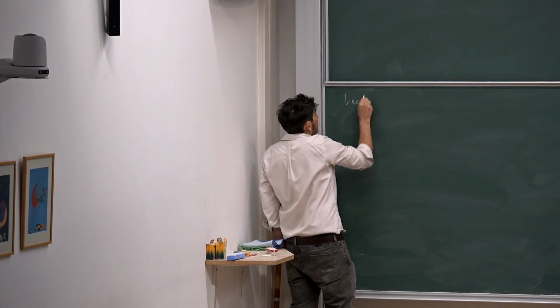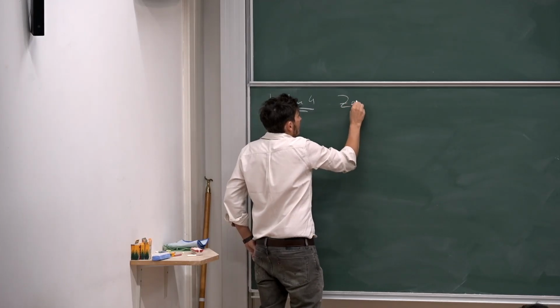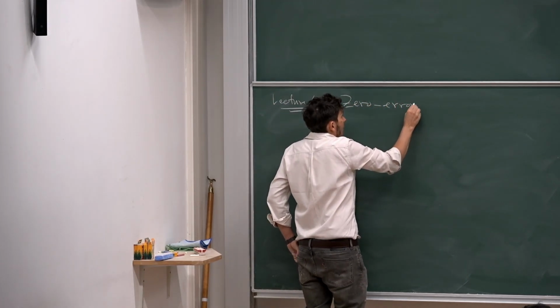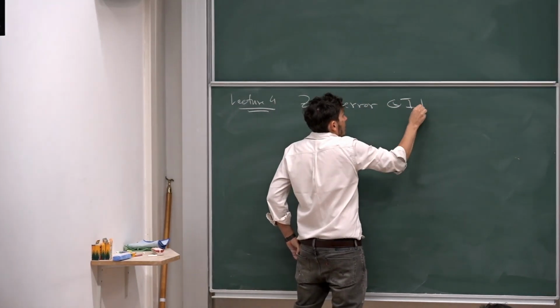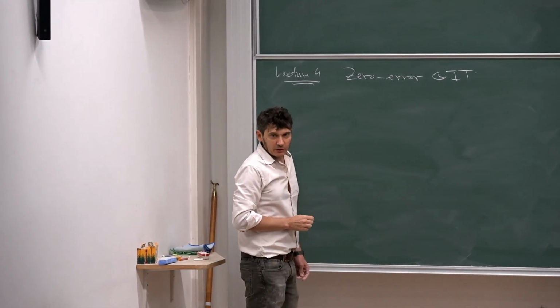This is the start of lecture 4, if you wish, and it will be through the way quantum graphs arise in zero-error quantum information theory.